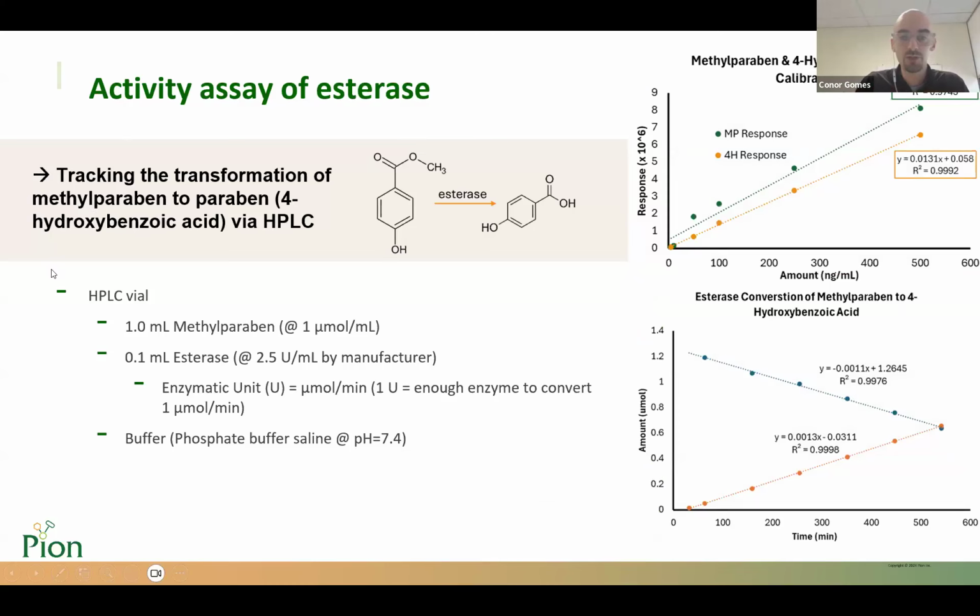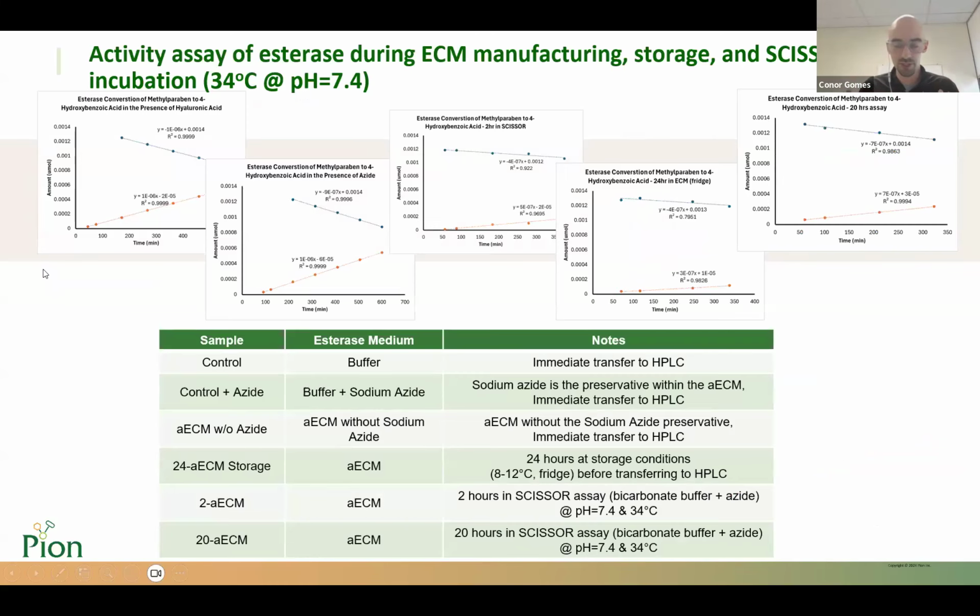So what we did was we took our artificial ECMs, which again is where you are administering the bolus within the SCISSOR platform. We took all those artificial ECMs, we integrated the esterase into our manufacturing lines, and at every manufacturing step, we were able to sample off some of that artificial extracellular matrix and do this activity assay to make sure that no constituent we were adding into our artificial ECMs were affecting this enzyme's mechanism of action, and therefore won't affect any assay we have on any prodrug that's injected.